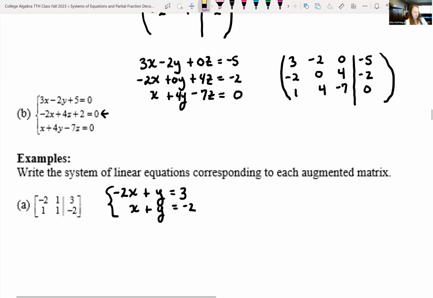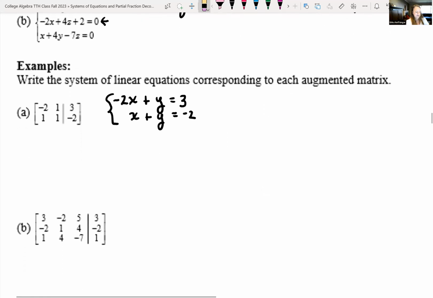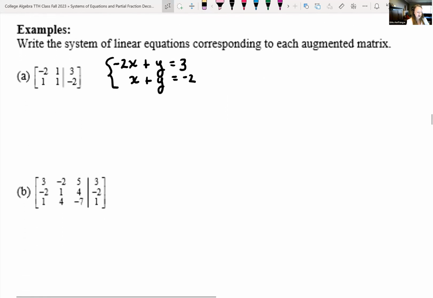So let's look at one more. And so we have a matrix here. This has 3 rows. Notice there's 4 columns. Let's think of the first column as our x variables. Second is our y. Third is our z. And then we have our equal sign, some number.